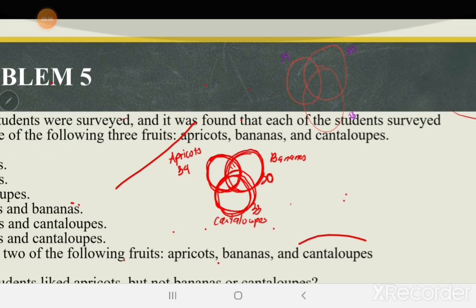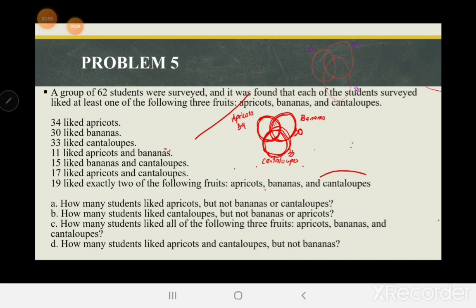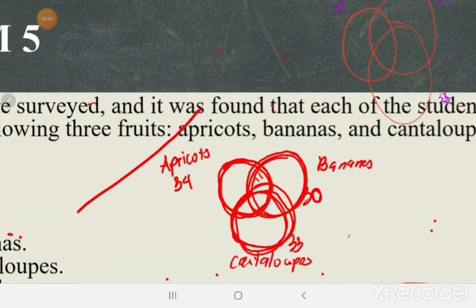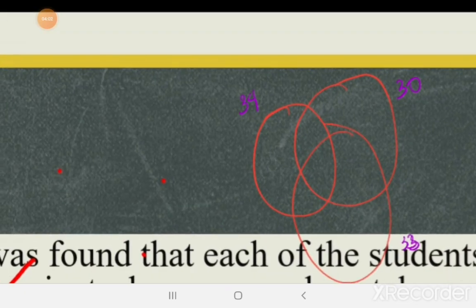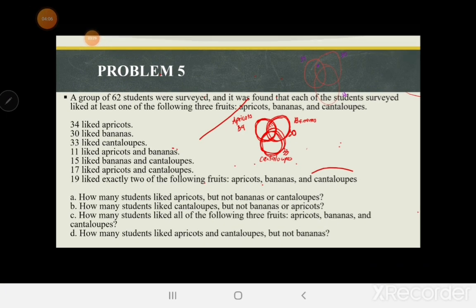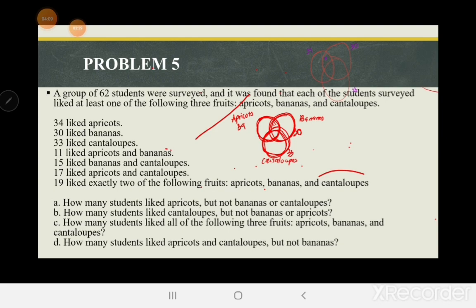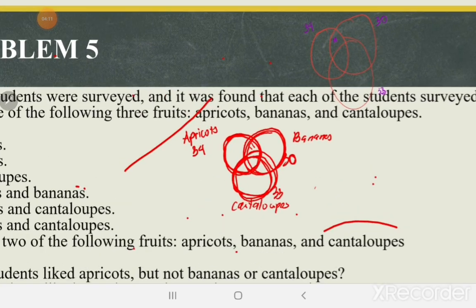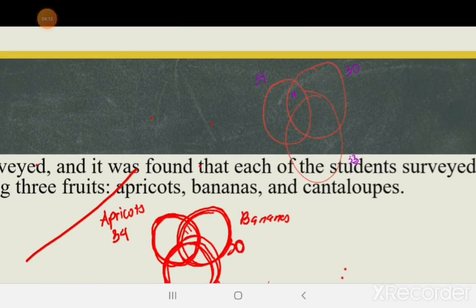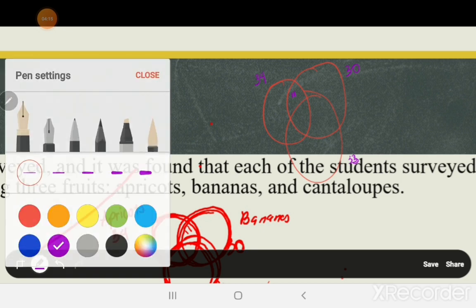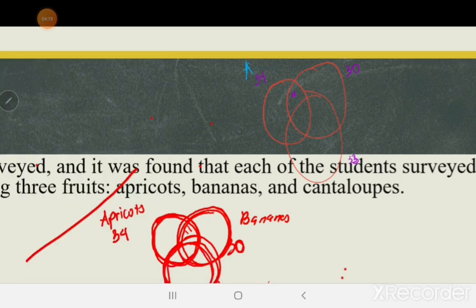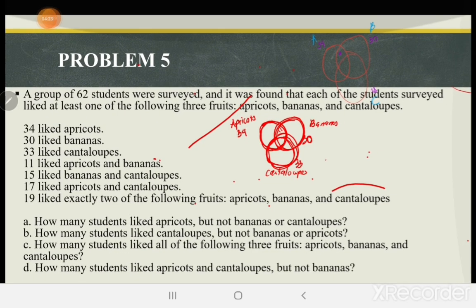Take note that there are 11 who like apricots and bananas, and 15 who like bananas and cantaloupes. Let me label them A, B, C so we understand better.